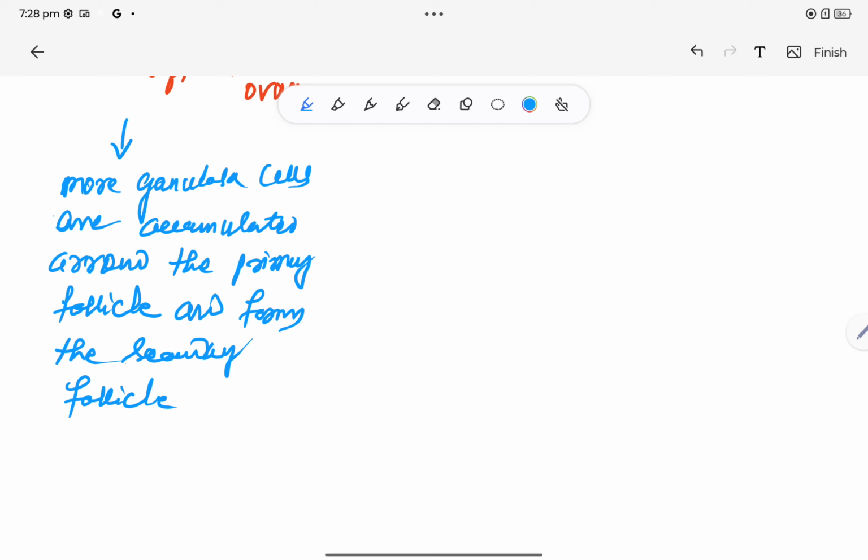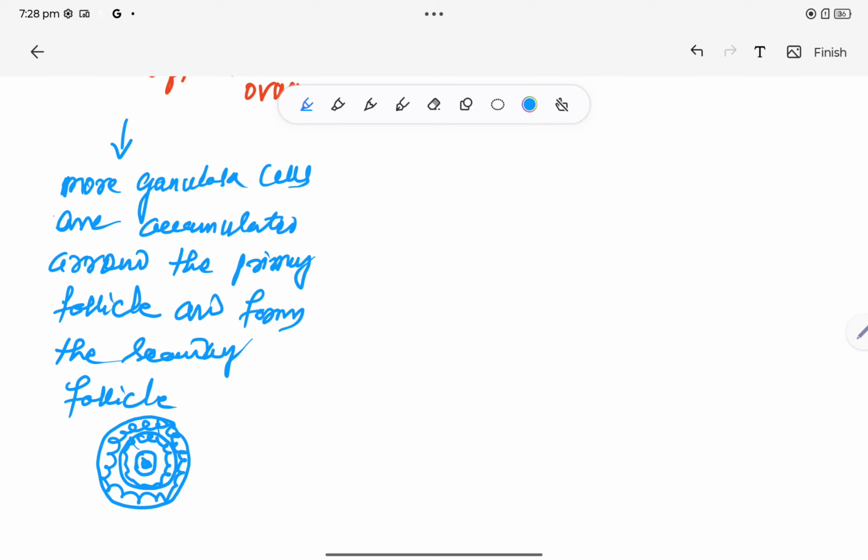Okay, initially in the primary follicle only one layer of cells was there. Now one more layer is formed, so it is known as the secondary follicle.